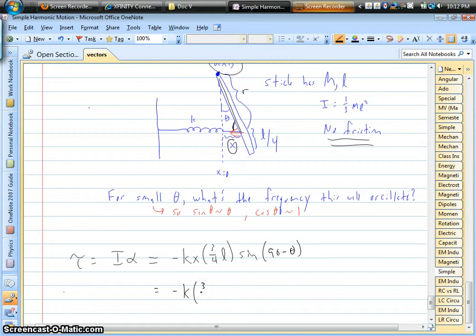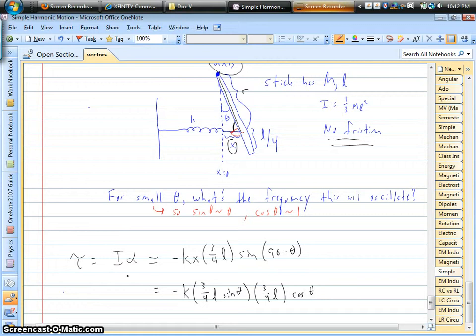That's our hypotenuse of that triangle. That's 3/4 the length. And then that's going to be times the sine of theta. Okay, that's going to be multiplied by 3/4 again, L. And the sine of 90 minus theta is cosine theta.